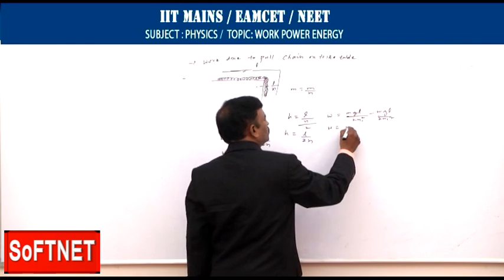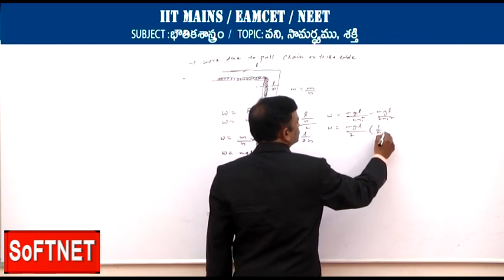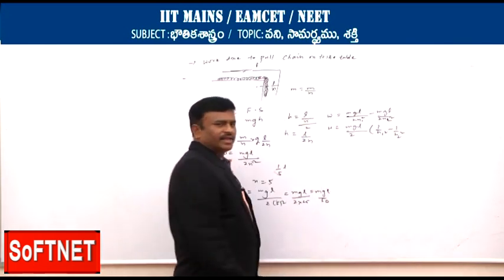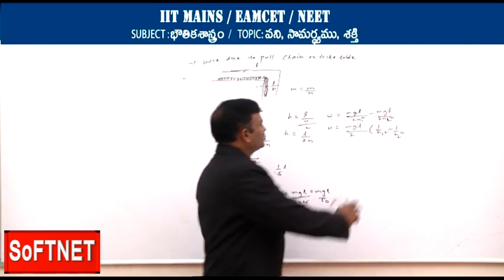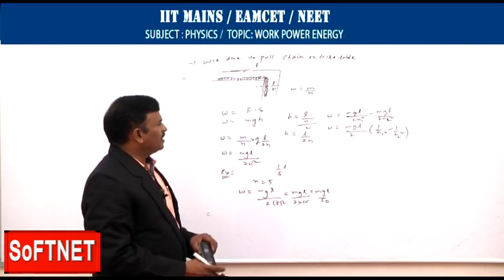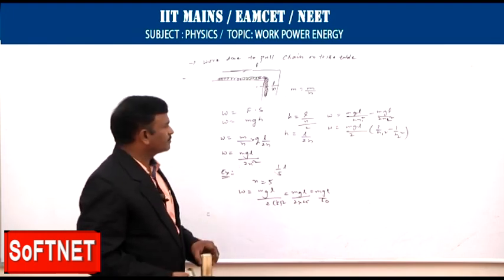Here W is equal to mgL by 2 into 1 by n1 square minus 1 by n2 square, which will be obtained by changing its length from n1 to n2.